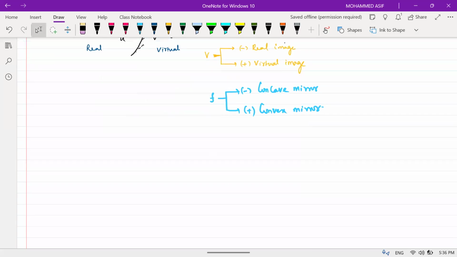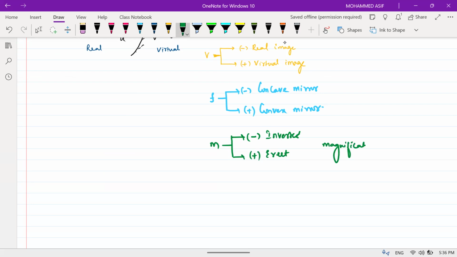If I'm talking about magnification, m is right now for me, it is negative for inverted, and m is positive for your erect. Okay, so this is about your magnification. Okay, and this is about your focal length.